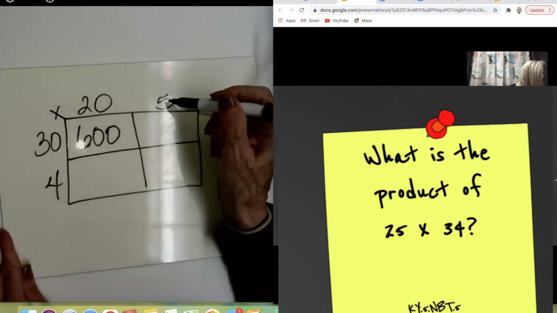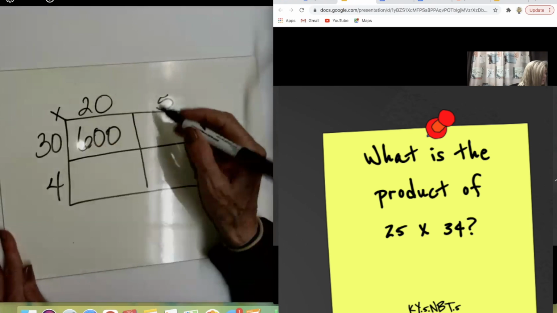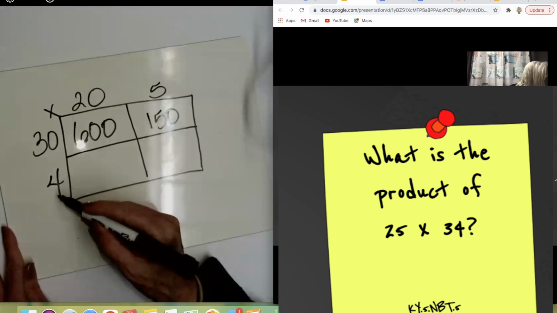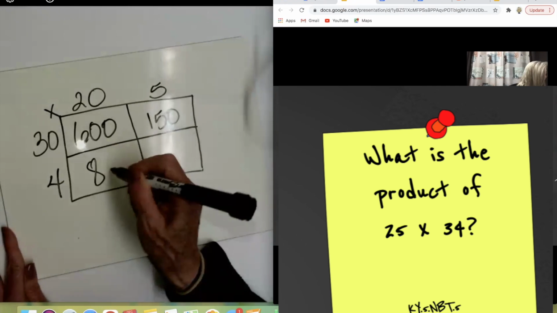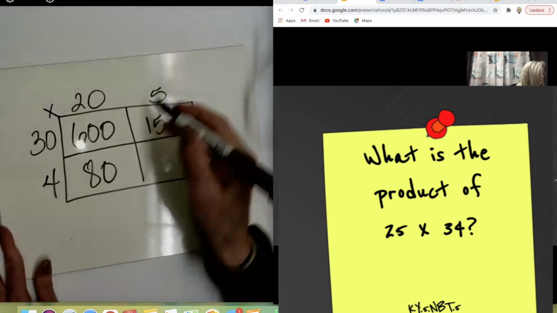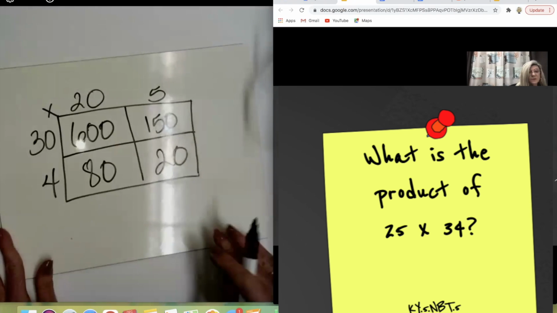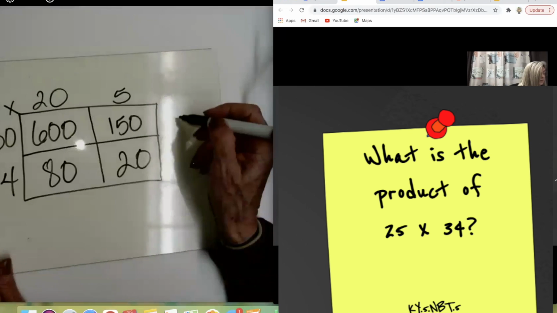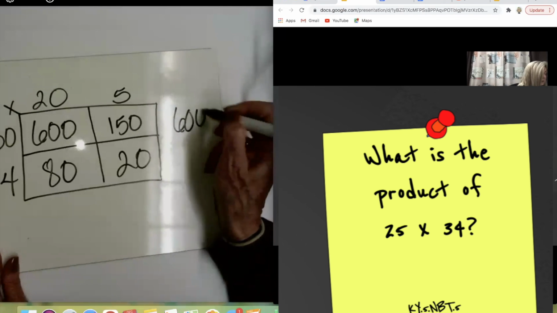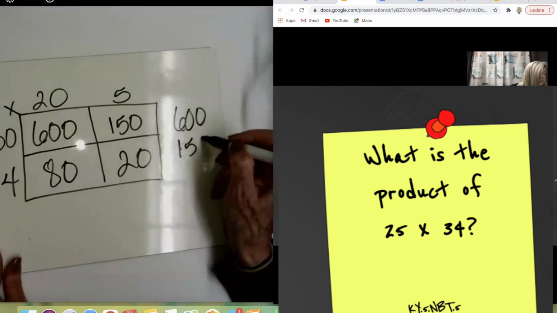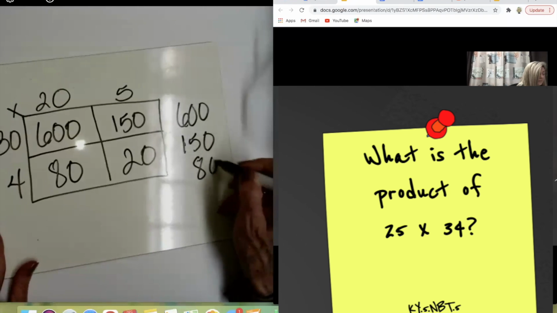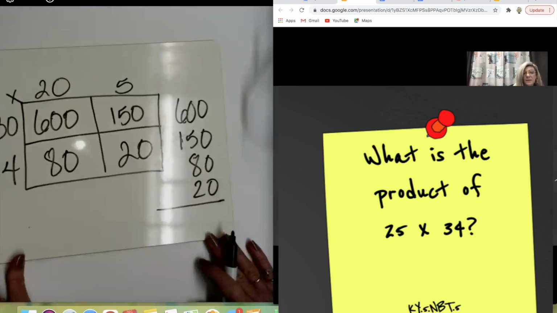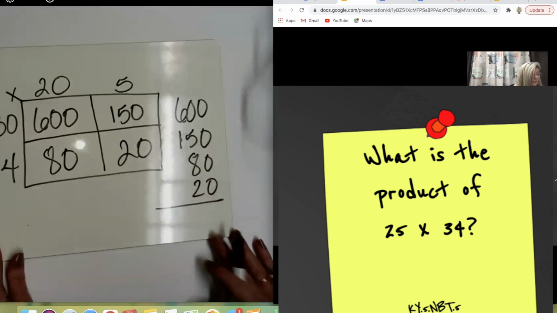And then 5 times 30, which is 150. And then 4 times 20, which is 80. And then 5 times 4, which is 20. And once they've got that done, then they know that they can put all that together. So they can add it up, 600, 150, 80, and 20, and they can add that up to get the product, right?